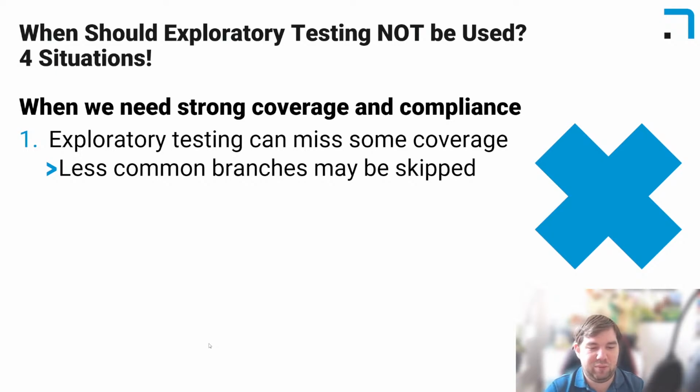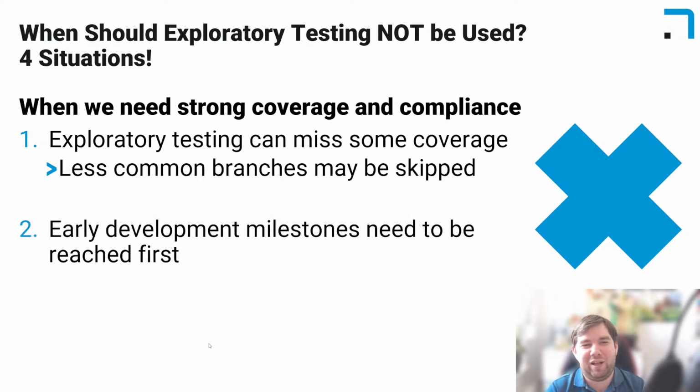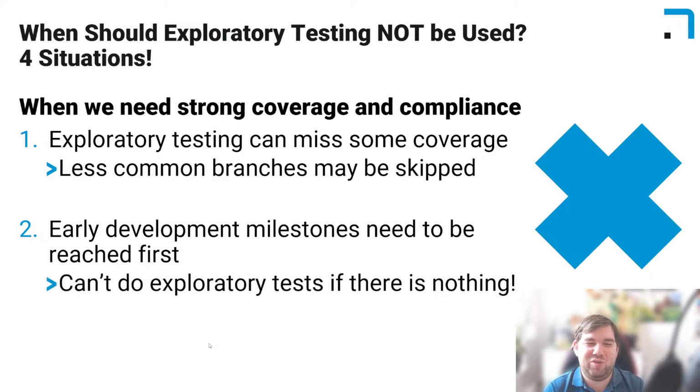Another key one is, I'd say, a pretty obvious one, to be honest. It's that early development milestones need to be reached first before we can start our exploratory testing. What I mean by this is very simple. We can't do exploratory tests if there's nothing to test. Exploratory testing needs an end product of some sort that we can properly explore and mess around with in order to test.